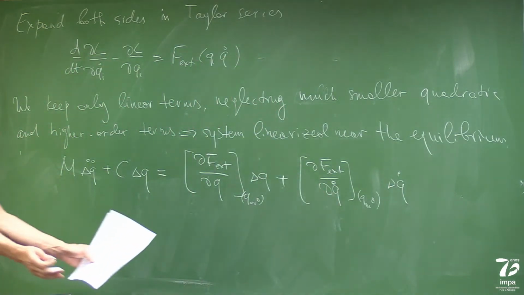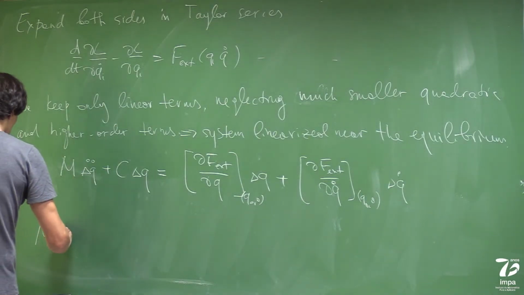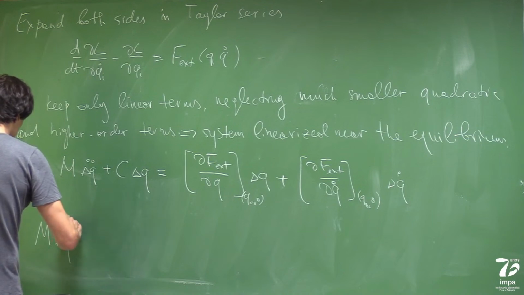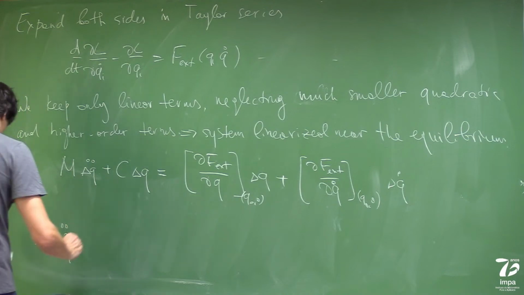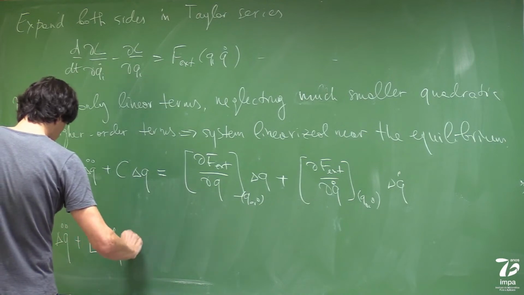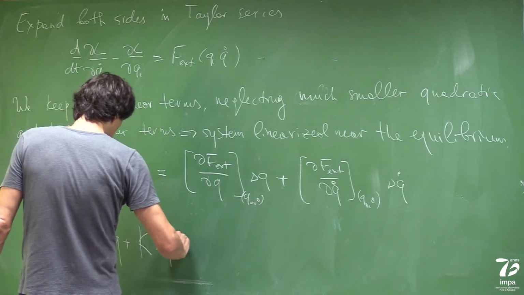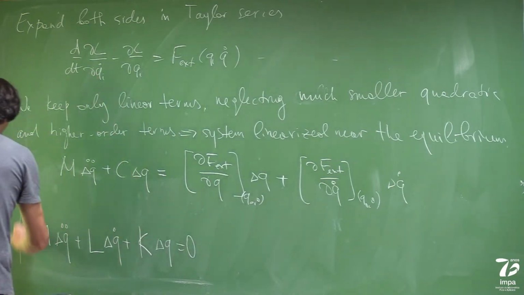Okay, and now I put everything on the same side, and I'm getting the general equation. Let's call it M q double dot plus L q dot plus K q equals 0. This is our equation.